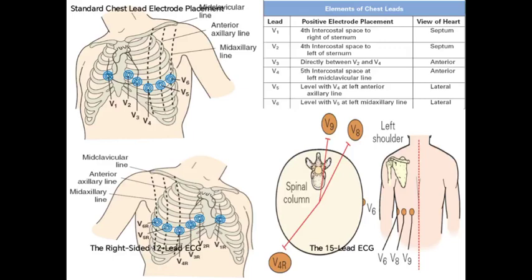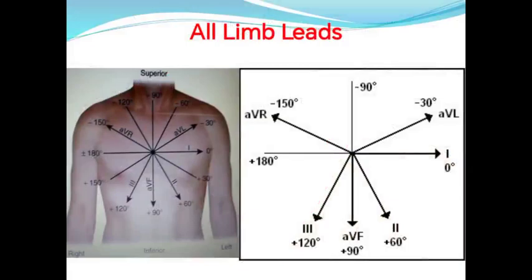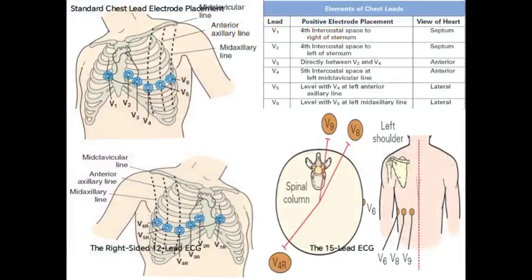We also have the posterior leads, V8 and V9. Together these make the 15 lead ECG. This is to detect posterior myocardial infarction. We put them close to the spinal column. This is the position of the posterior leads.